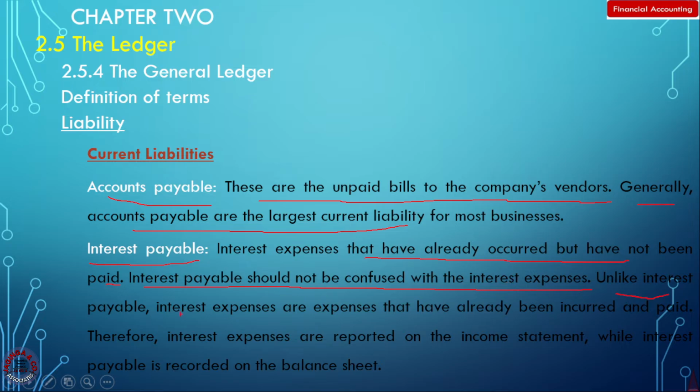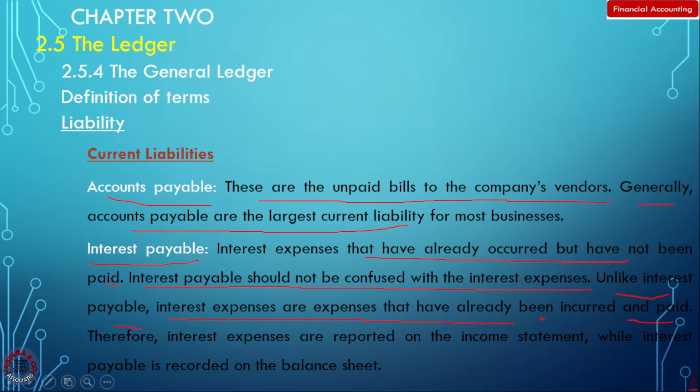Unlike interest payable, interest expenses are expenses that have already been incurred and paid. So you can incur interest and pay, or you can incur interest and accrue it, so you will pay at a later date. Those ones we call interest expenses.